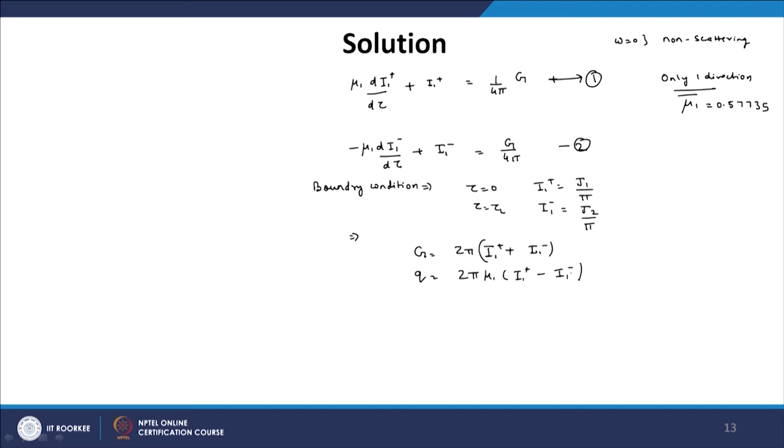What we are trying to do is convert our equations 1 and 2 from I 1 into terms of G and Q.